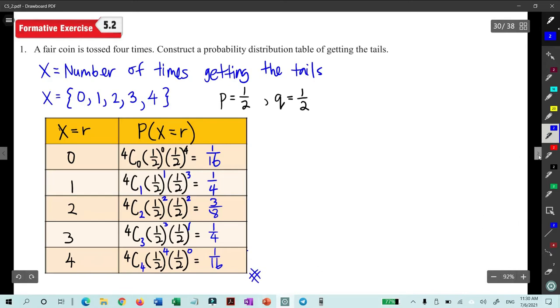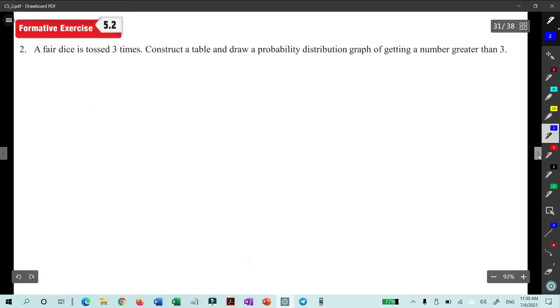Let's move to the second question. A fair dice is tossed 3 times. Construct a table and draw a probability distribution graph of getting a number greater than 3.